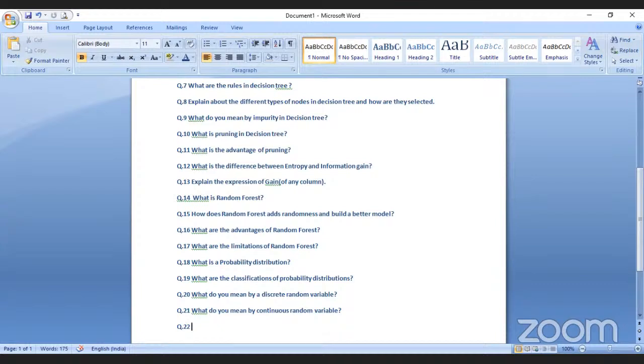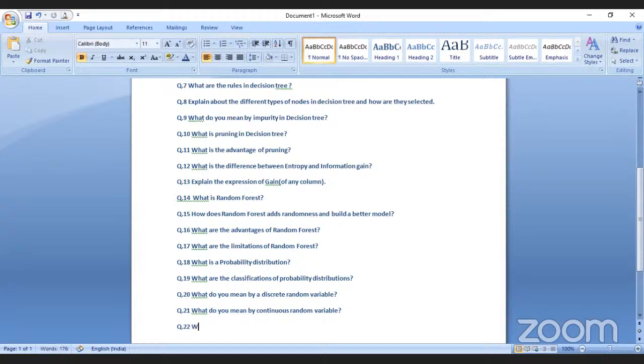If we represent the number to any extent in the decimal values, it will give us a meaning, so that will be valid. So that is a continuous variable. And the time it takes to get to school, distance traveled between the classes are a few examples of continuous random variables.